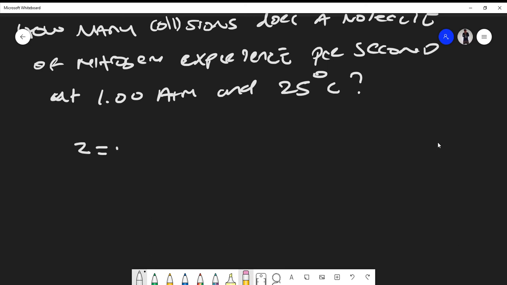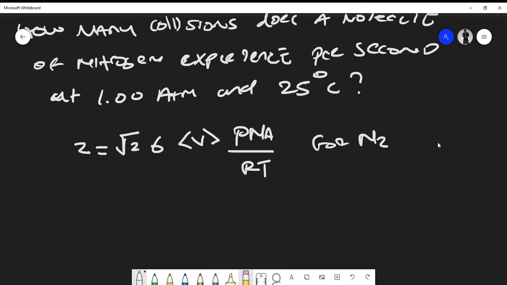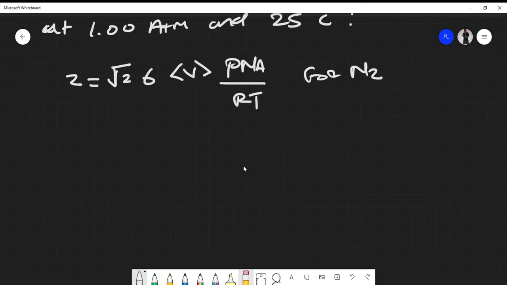So in this case, Z is going to be equal to the square root of 2 times sigma times the average speed times P N_A divided by RT. And so we have to use this for N2, nitrogen gas. Now we have to use SI units for these problems.